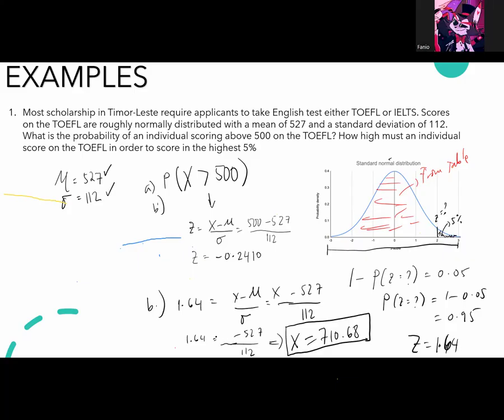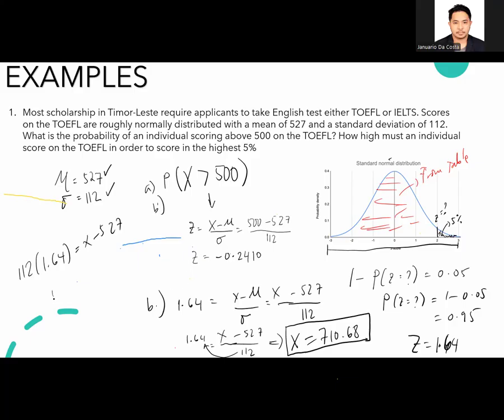Yes, teacher. It's just algebra. You multiply 112 by 1.64. 112 times 1.64 is equal to X minus 527. What is 112 times 1.64?